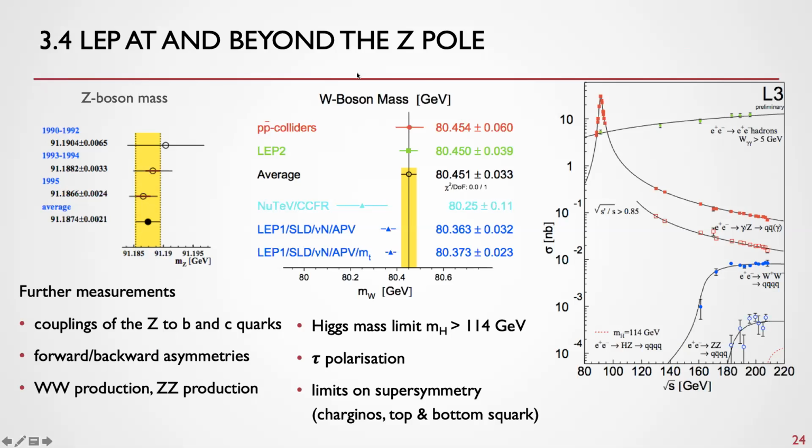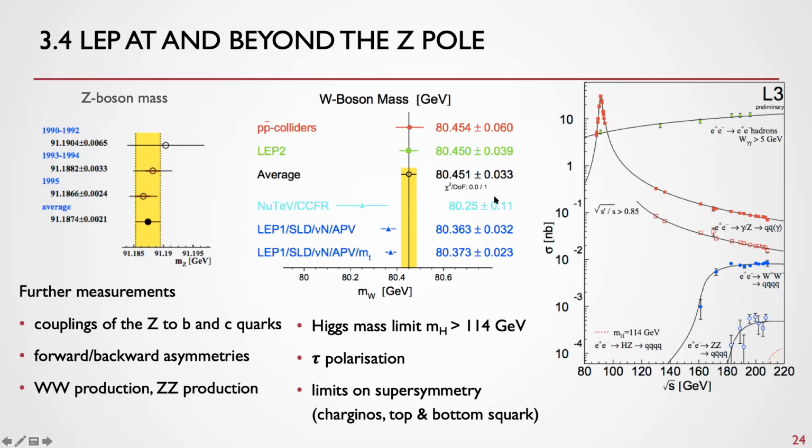Also, the W boson mass could be measured very accurately. It is still competing with the world best precision.